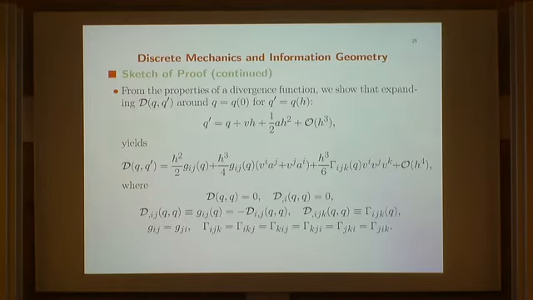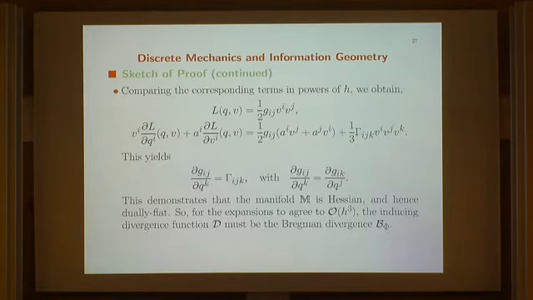Then you start with properties of the divergence function, and Taylor expand like crazy, using all the identifications for the mixed partials, and compare term by term. That leads you to the conclusion that you need these conditions in order for the discrete Lagrangian to be second order accurate.